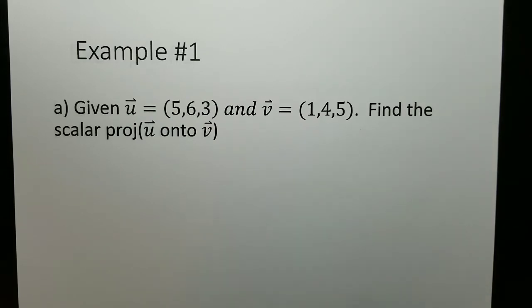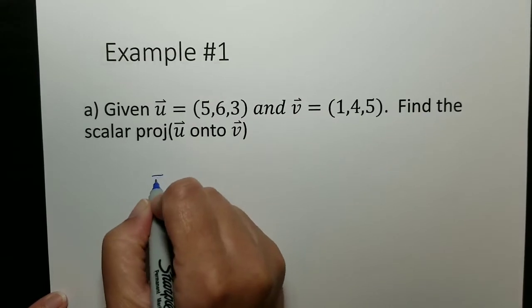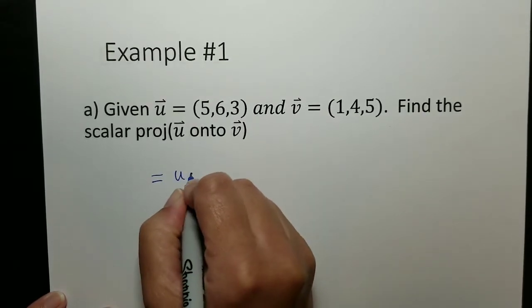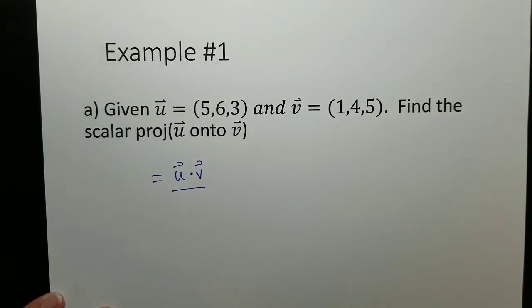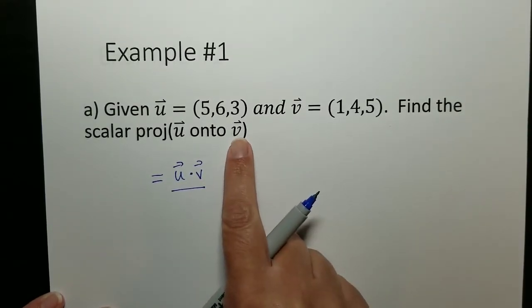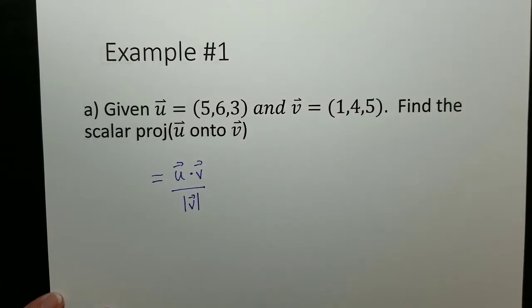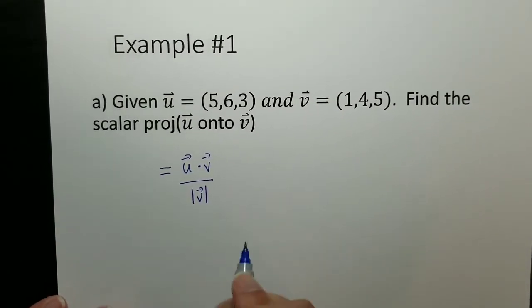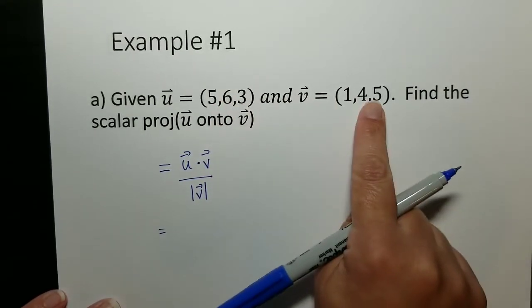So the scalar projection of u onto v is going to be the two vectors dot with each other, so u dot v divided by the magnitude of the second one, so the magnitude of v. So I'm going to calculate u dot v.